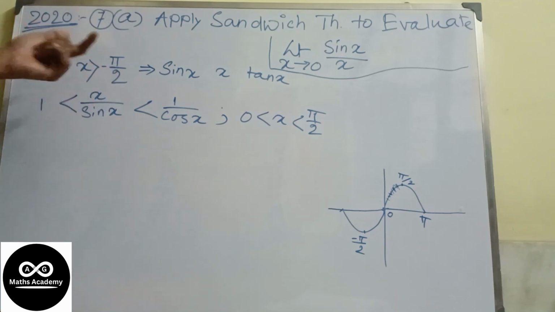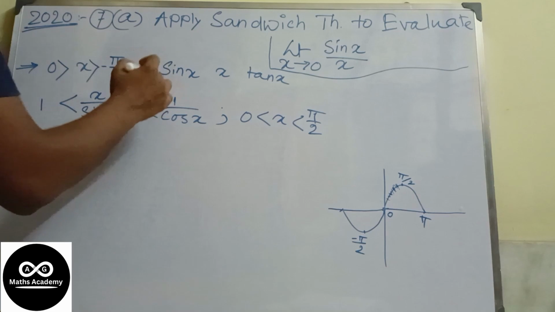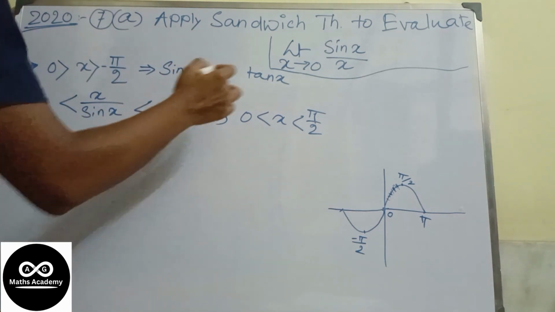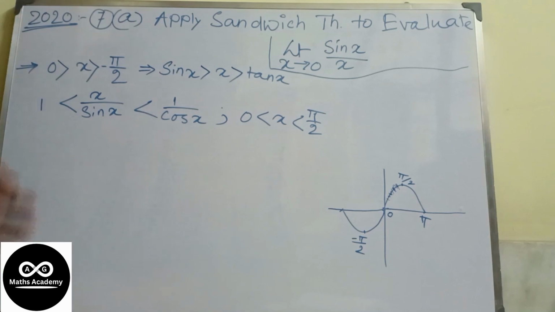In this region, sin x becomes the greater one and tan x becomes the smallest one.